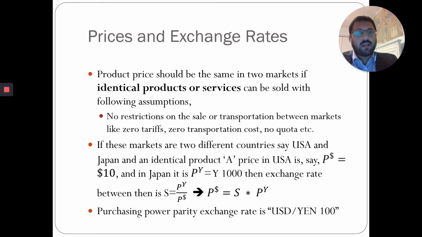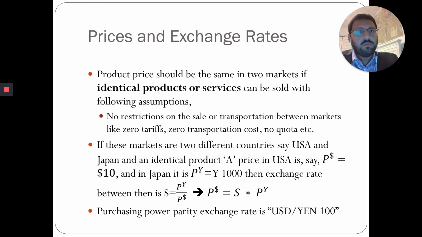Now, for example, if these market frictions are not there and the assumption holds, say in the USA there is a product A whose price is $10, and for the same product the price in Japan is 1000 yen.